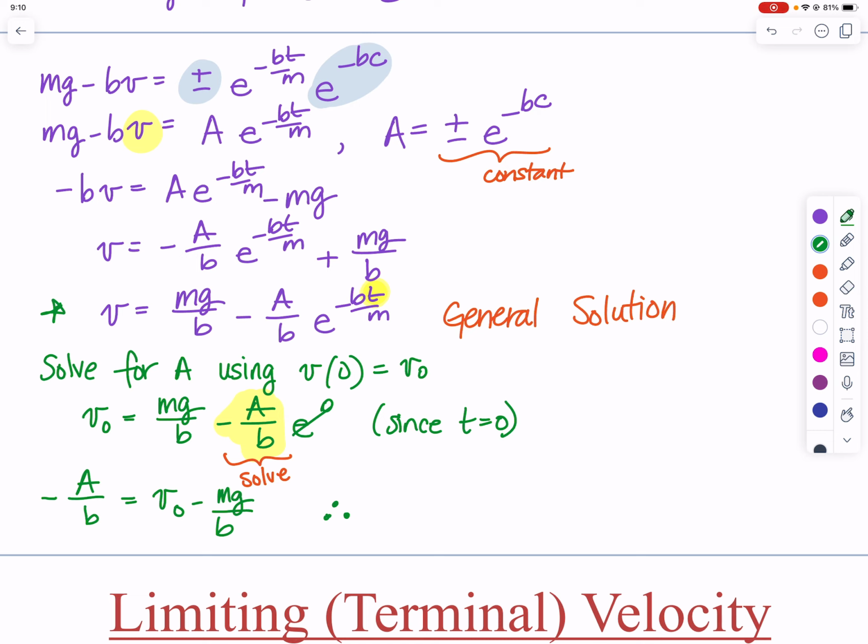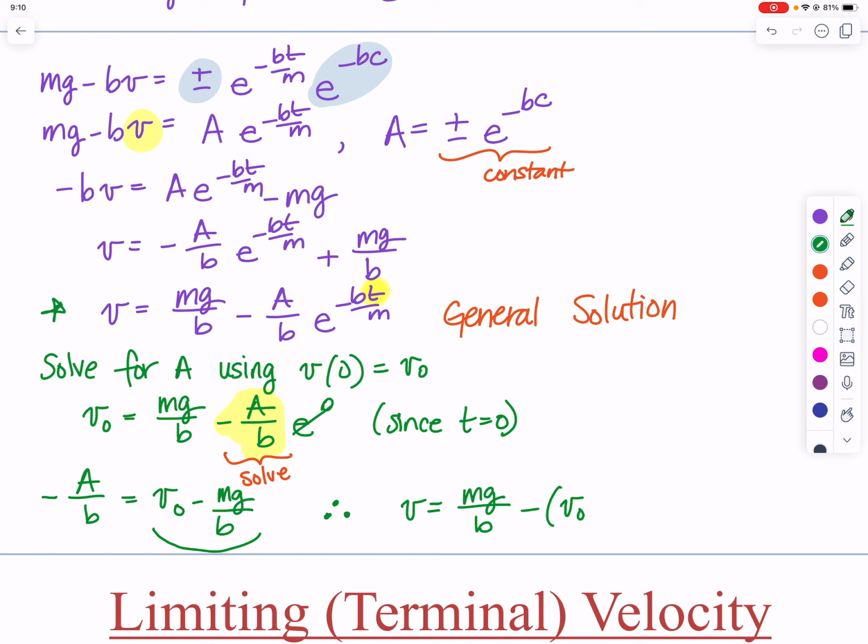Therefore, we have velocity is equal to mg over b minus, and plugging in v naught minus mg over b for A, we have v naught minus mg over b, all multiplied by e to the opposite of bt over m.